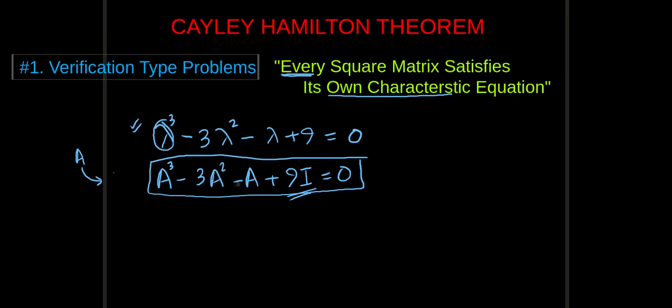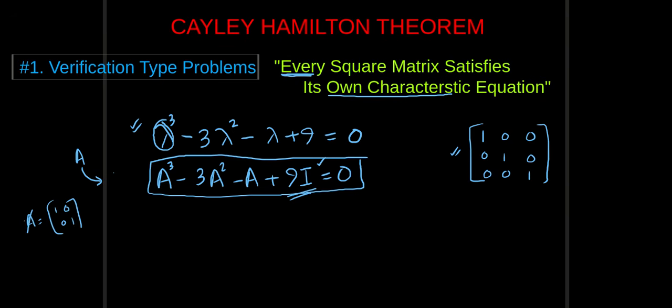So, if you want to verify this, we need the identity matrix. And you know the identity matrix 1 0 0, 0 1 0, 0 0 1. And of course, this depends on the order of capital A. If A is a 2 by 2 matrix, then we will use 1 0 0 1.